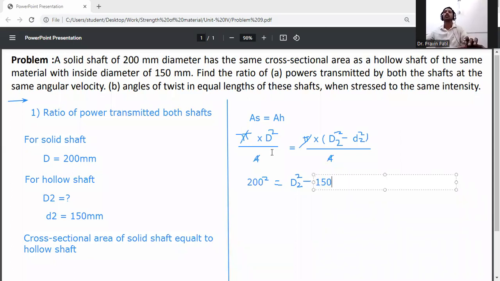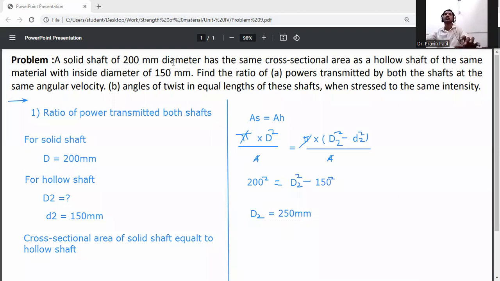So we get D2, diameter of hollow shaft, D2 is equal to root of 200 square plus 150 square. The answer we get is 250 mm. So the external diameter of hollow shaft is 250 mm.